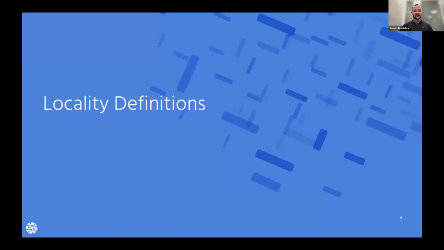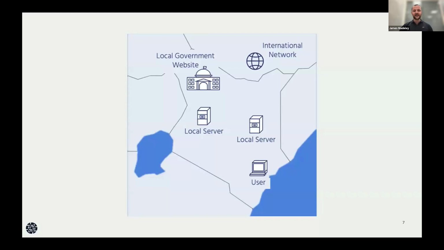So what is traffic locality? Well, if we take this basic example, where a user is trying to access a local government website, by which we mean a government website for the same country, you might think that the best path for the traffic to take is something like this. And that is often the case. And the key component here is this link in the middle.